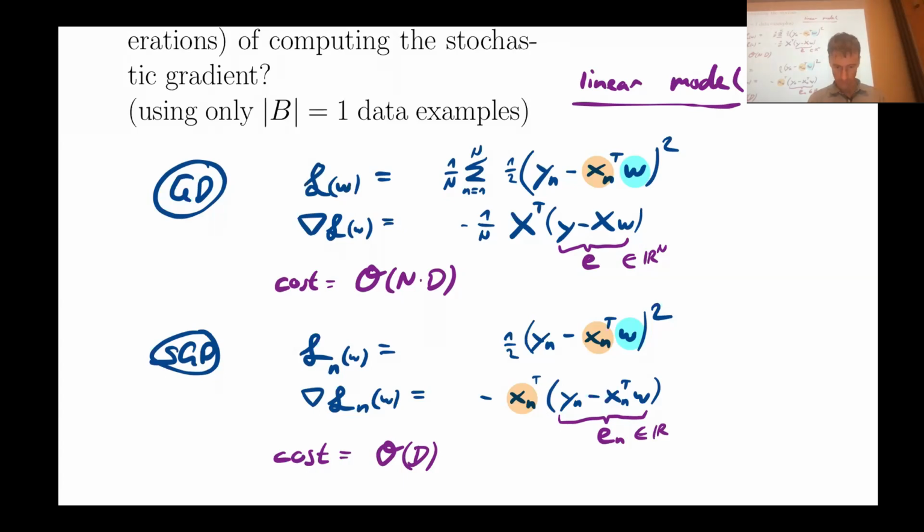One is to compute the model prediction, that's X times W, which has cost d. Once you have it, you multiply it with your vector, which is the second thing, which also costs d.